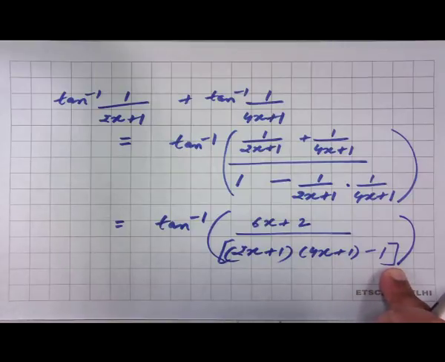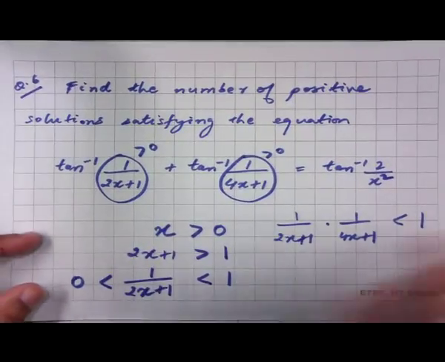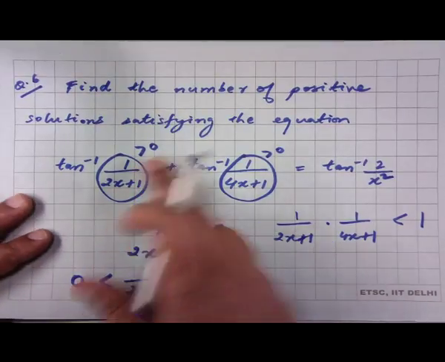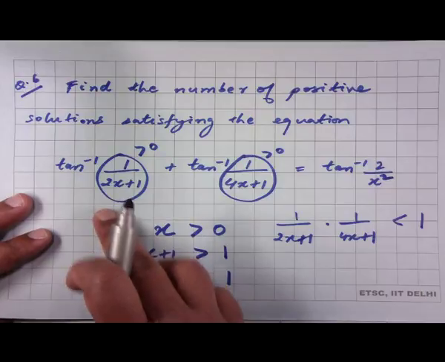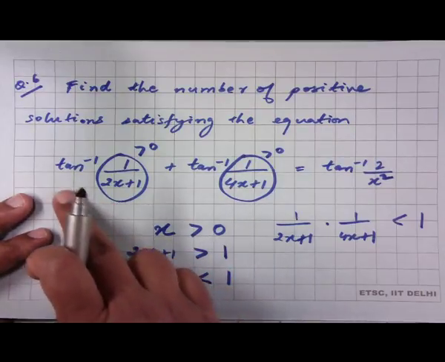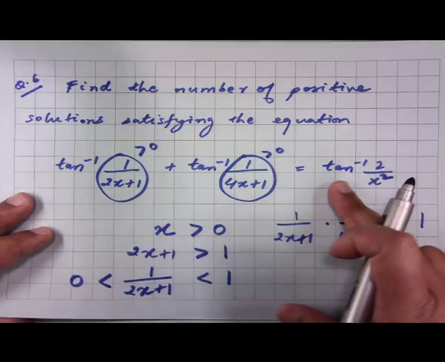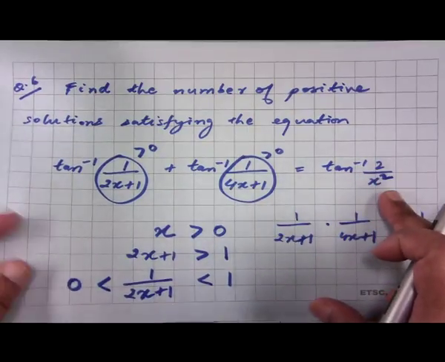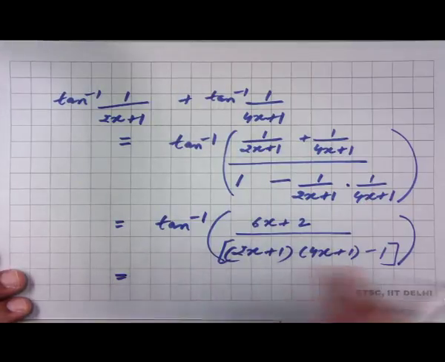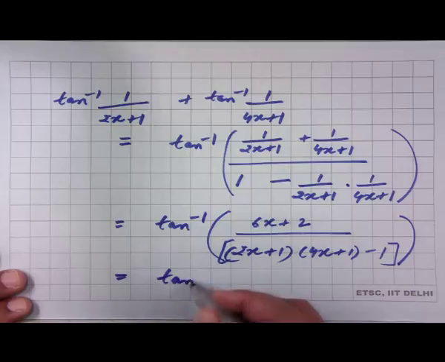In the problem, it is said that we need to find positive solutions, which means that we need to find positive values of x such that this expression is equal to tan inverse of 2 by x square. So we want this to be equal to tan inverse of 2 by x square.